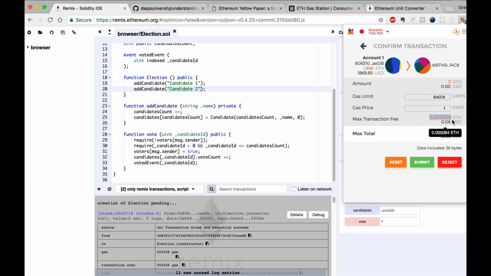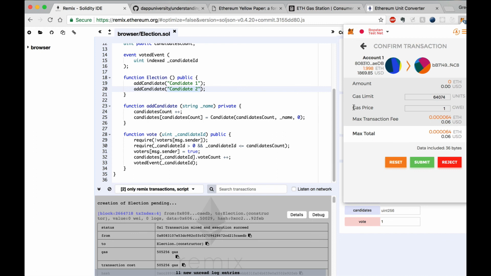I'm going to provision potentially this much Ether, which corresponds to 6 cents in US dollar for this transaction. I say if it costs this much, that's okay, but I expect it to cost way less than this. That's what the gas limit is. And if it doesn't use all of that, which it probably won't, it will refund that amount back into your wallet. Now let's talk about gas price a little more.